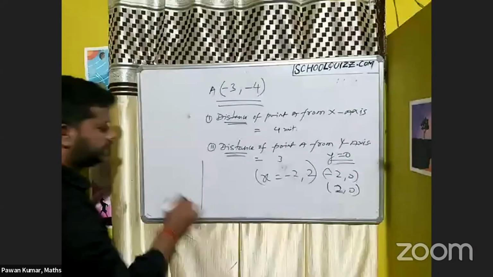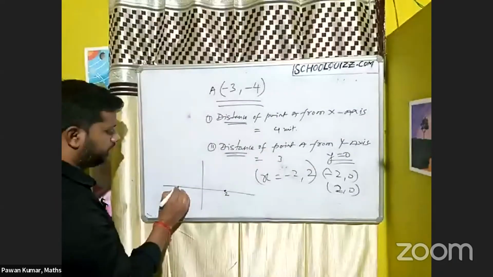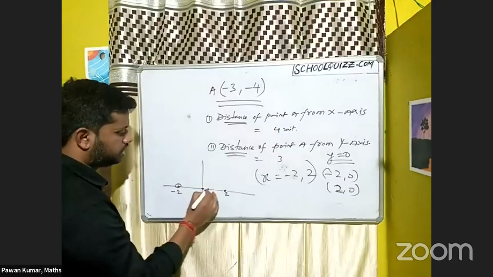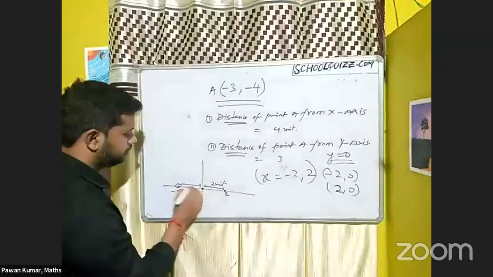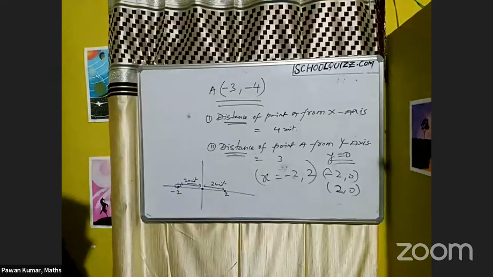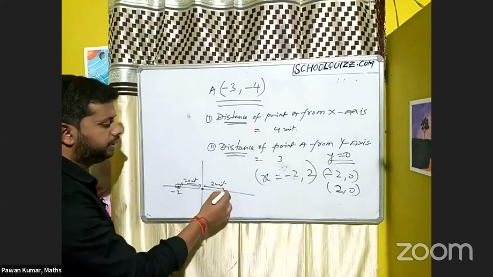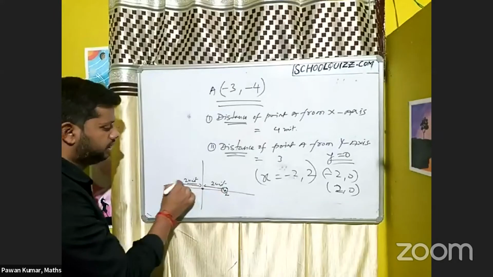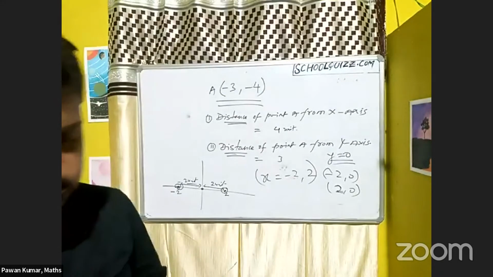If I represent point 2 here and point -2 here, the distance from the origin to this point is 2 units, and to this one also 2 units. So whenever they ask, the point can be on this side or this side. You can't say exactly that it will always be negative or positive.